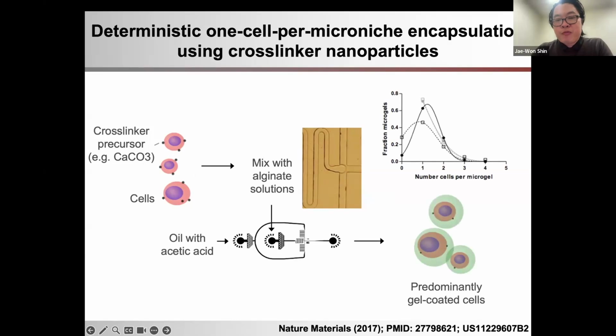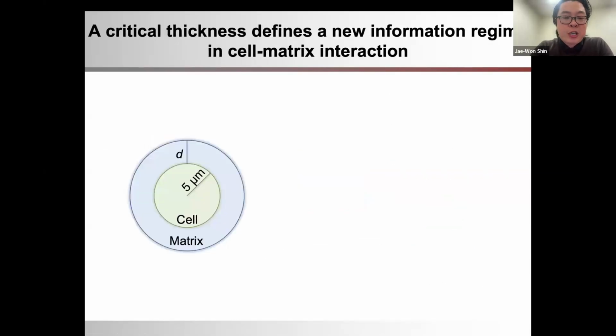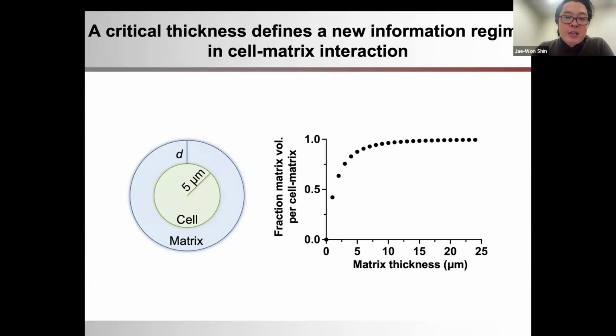Why is this interesting from more of a physical perspective? If you do a simple calculation where, let's say, the cell radius is 5 microns, a typical radius, and you add the thickness of the extracellular matrix, and you do the volumetric calculation assuming that everything is a sphere, then you find that most of the time, even when the matrix is like 10 microns in thickness, the volume is predominantly dominated by the matrix.